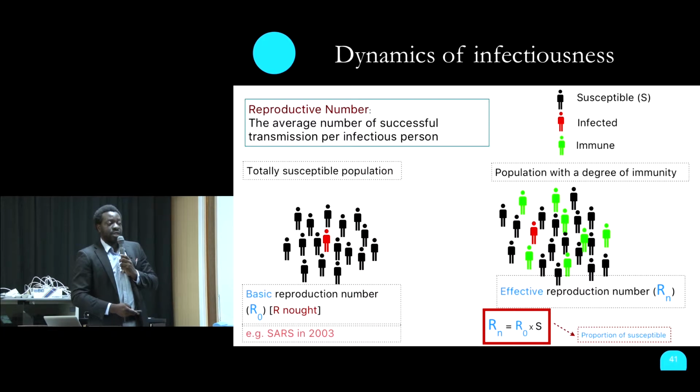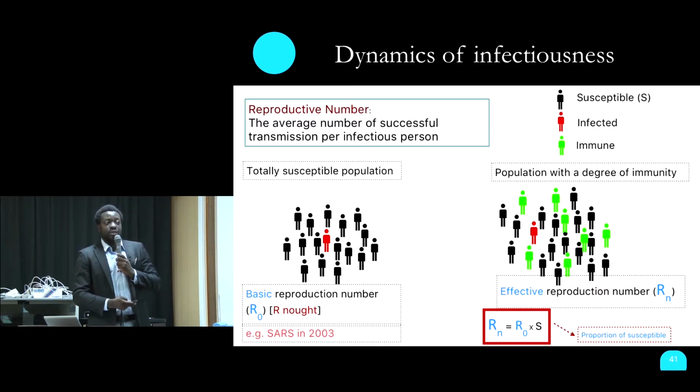For example, for SARS in 2003, we could measure the basic reproductive number because everybody was considered to be susceptible, because it was the first outbreak. There are cases where some people in the population have immunity against the disease.